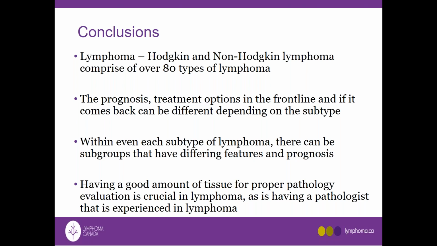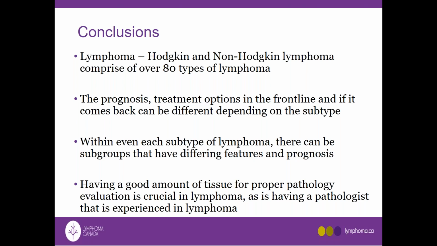The prognosis and treatment options, in frontline and if it comes back, can be quite different depending on the subtype, especially with all these new exciting treatments being developed that can be quite specific to the particular subtype.